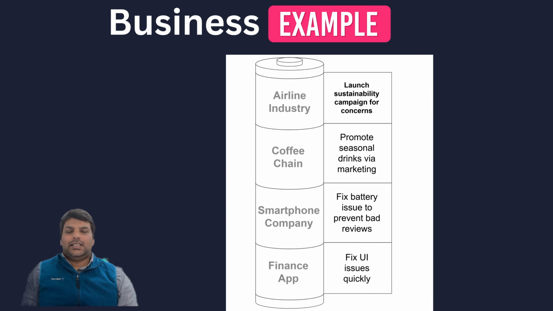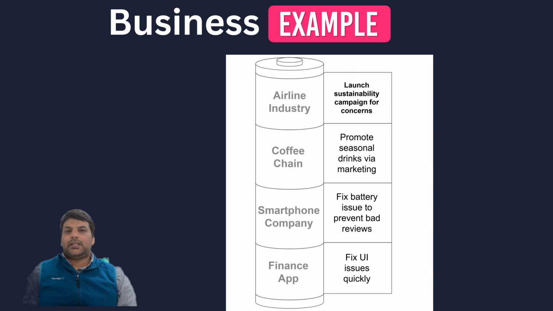Next, we see examples of businesses in the trend extraction topic. We will cover four different companies and look at data, trend, and actions. These companies are, number one, a smartphone company, then a coffee chain, and then a finance app and the airline industry.